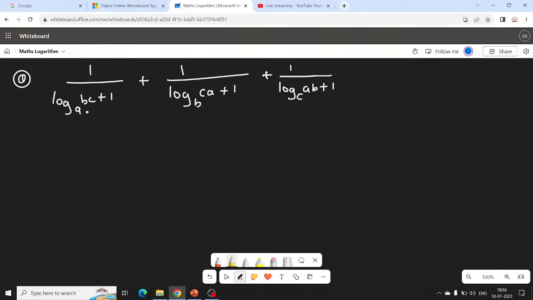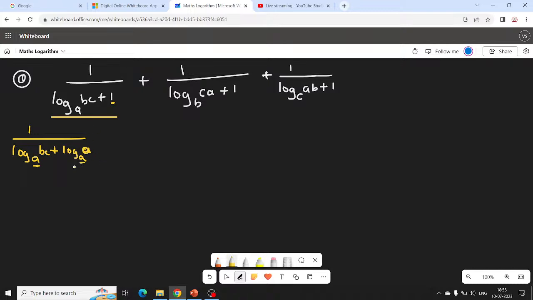Look at this. First term: 1 divided by, the question is log BC, base is A, plus 1. Correct? Can I write this 1 as log A to the base A? Because here the base is A. What is log A to the base A? 1.